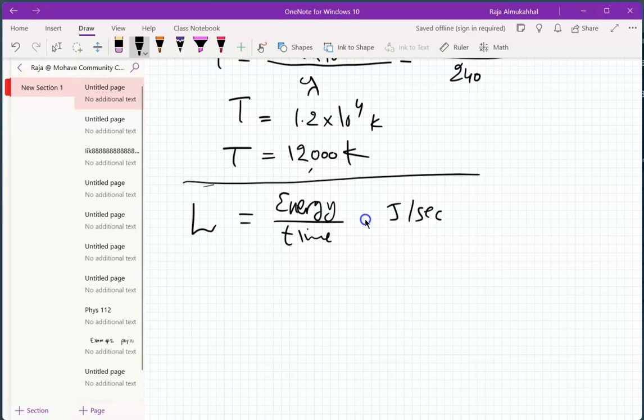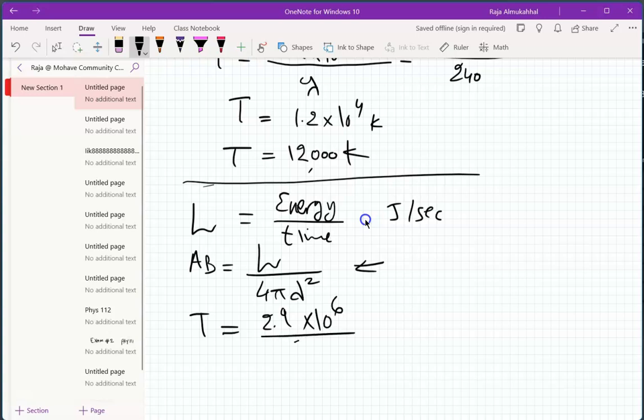And then we said that the apparent brightness is the luminosity divided by 4 pi d squared. D here is how far you are from the source that is emitting this light. You see what I'm saying? And then of course the third one is Wien's law, temperature is equal to 2.9 times 10 to the 6 divided by lambda.